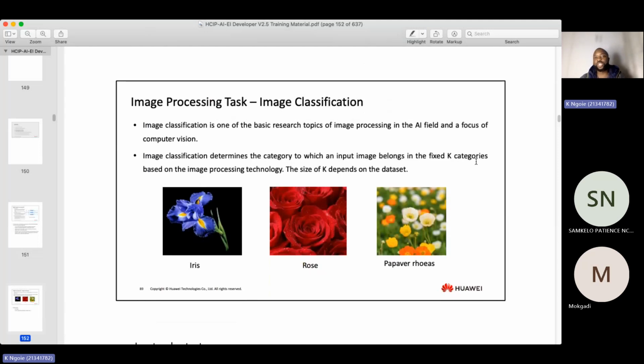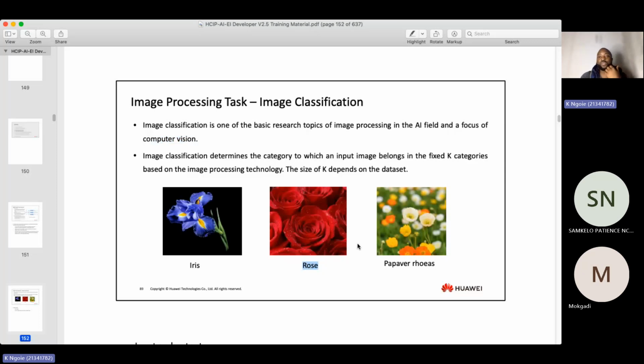Image classification is one of the basic research topics of image processing in the AI field, and the focus of computer vision. Image classification determines the category which an input will belong to. So if we place this input here or this one, and the machine says it's a rose, that was the category that was chosen.